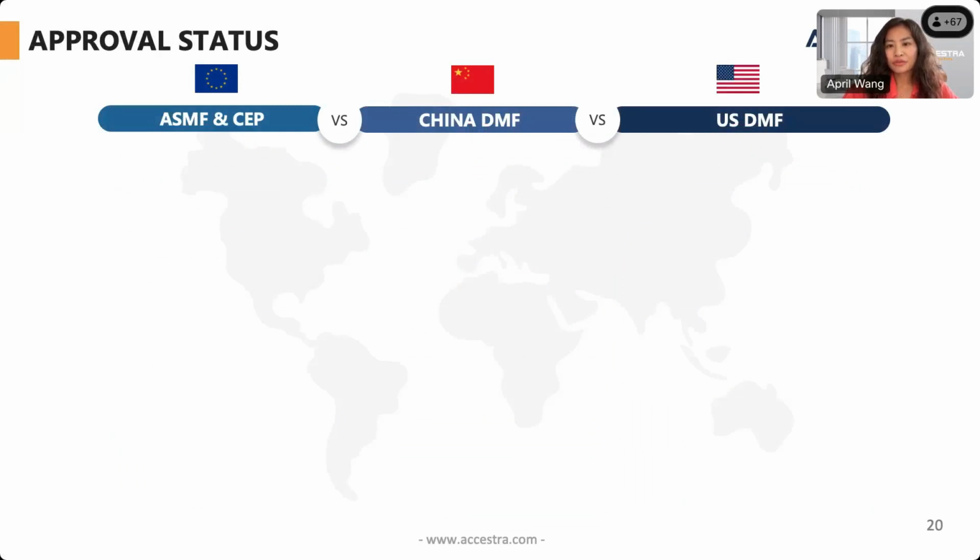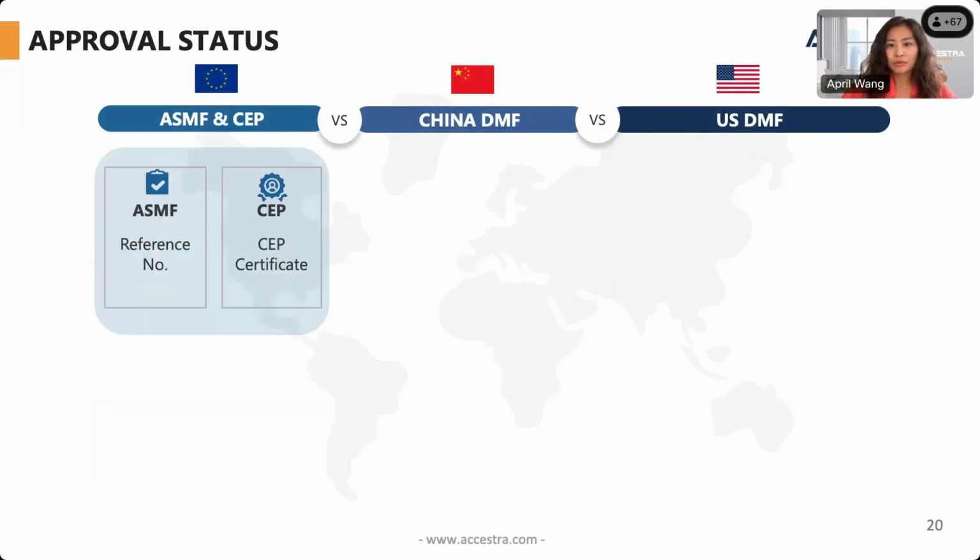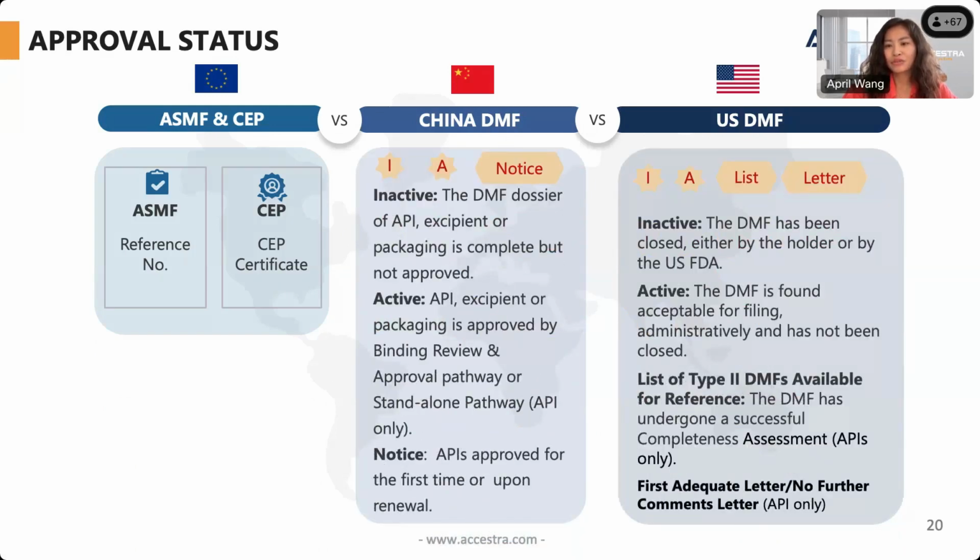The sixth difference is approval status. In EU, the product will obtain a reference number for ASMF, while for CEP, a certificate will be issued upon approval. In China and the US, they use a similar approval status system, although the same status symbol stands for different meanings.